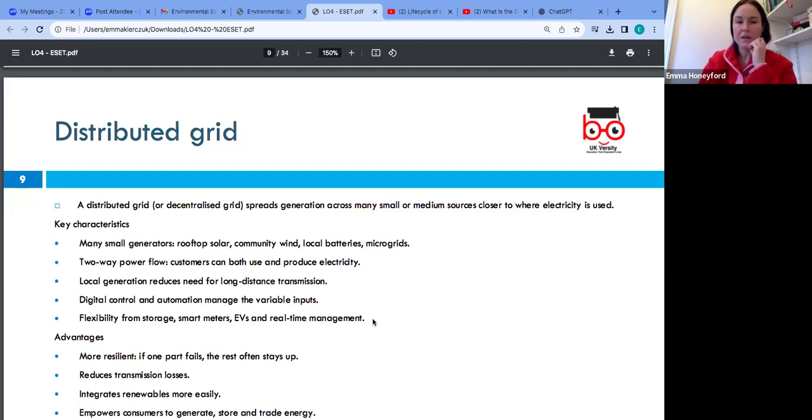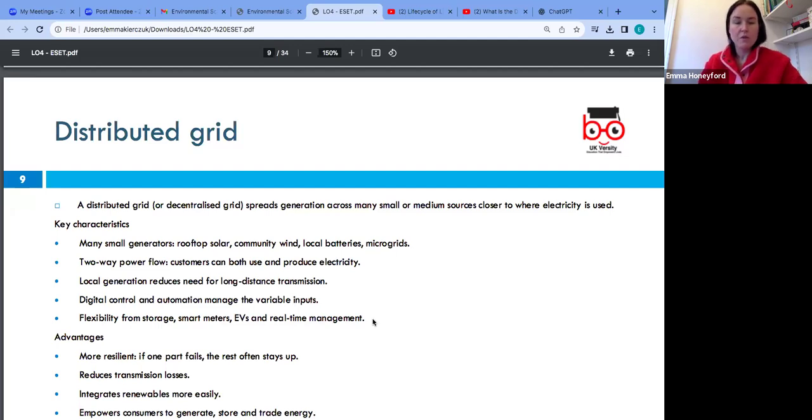Key characteristics: many small generators, like rooftop solar, community wind, local batteries and microgrids, and two-way power flow. We've seen a massive turn to consumers pumping energy back into the grid. So you've got two-way flow. That's positive. It's more sustainable because consumers can both use and also produce energy, which is fantastic.